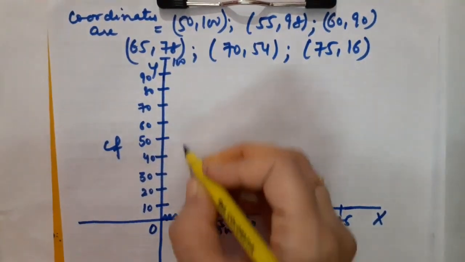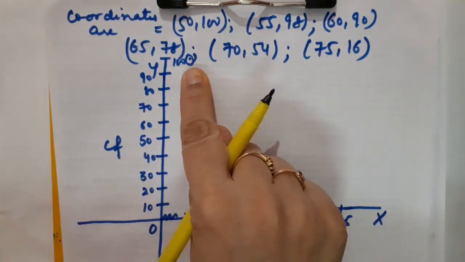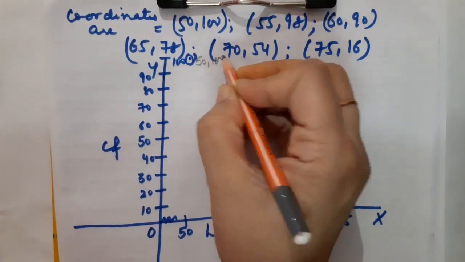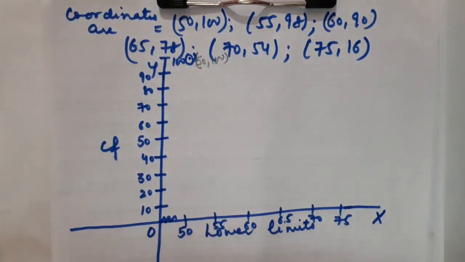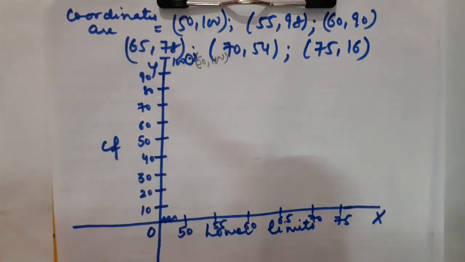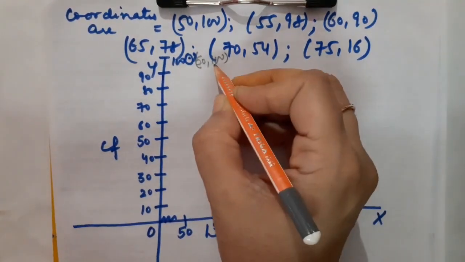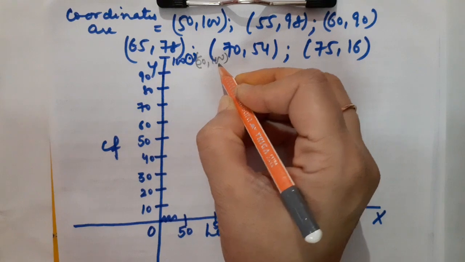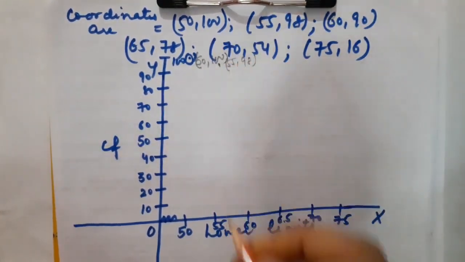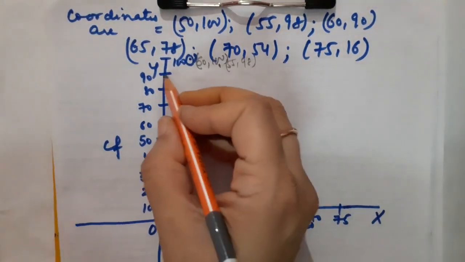It will be approximately here. This is 50 to 100. I can write it with pencil. Correct? Now next is 55 to 98. Where will it be 98? Just 2 steps less than this. So this is 55 to 98. I can take approximately here. Correct? Next is 60 to 90.